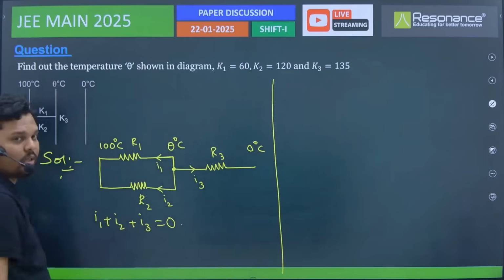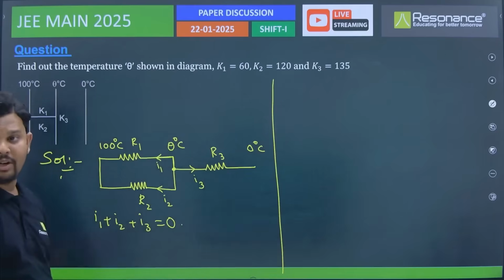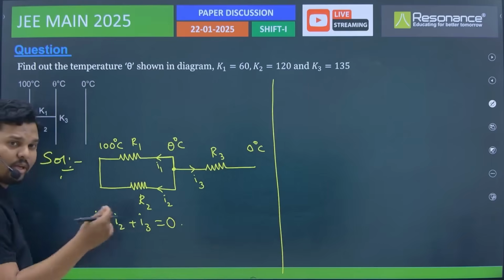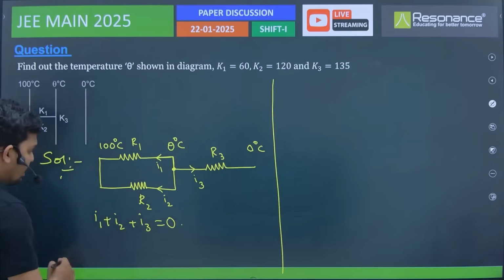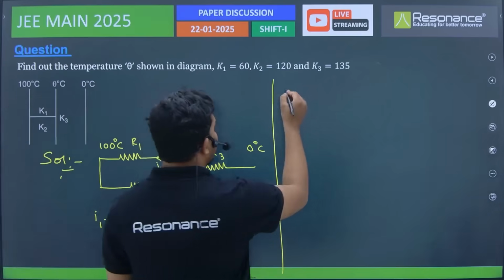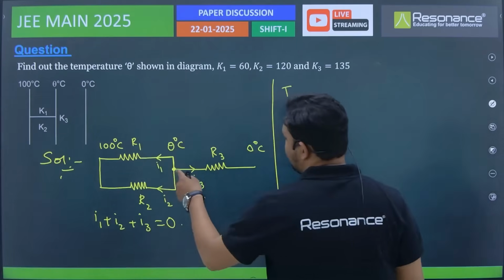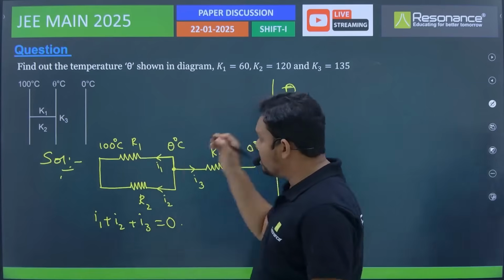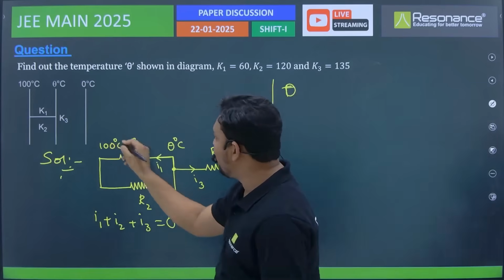Here the current is nothing but the rate of flow of heat indirectly. So I can say this current is nothing but temperature by resistance. Temperature means T. For the first case, I am taking this temperature as theta. So this is theta minus, initially we have how much? 100, right?